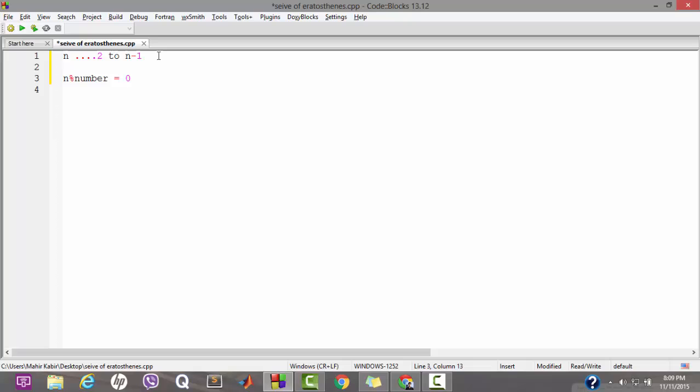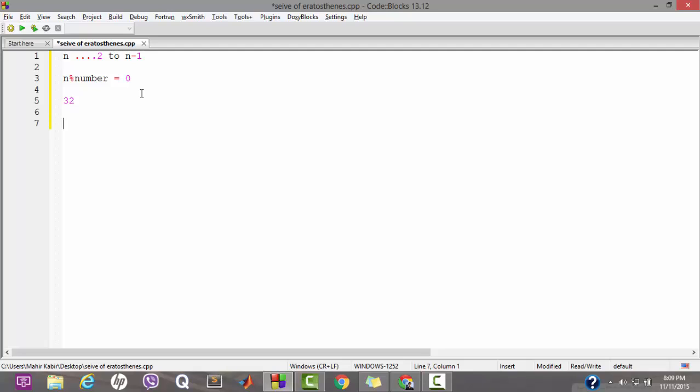Okay, so do we necessarily need to run the loop from 2 to n-1? No. Let's think about any random number, say 32. The 32 is for sure not a prime number, since it's an even number, so at least it is divisible by 2.